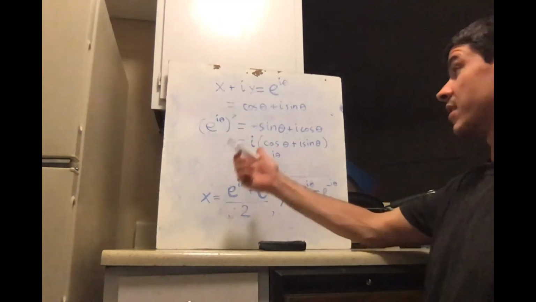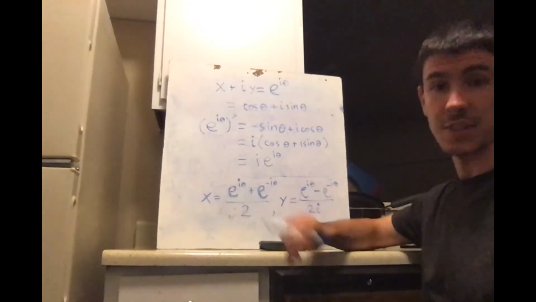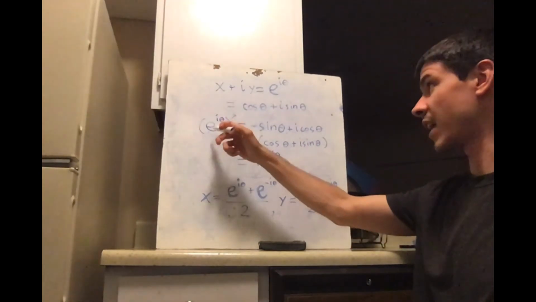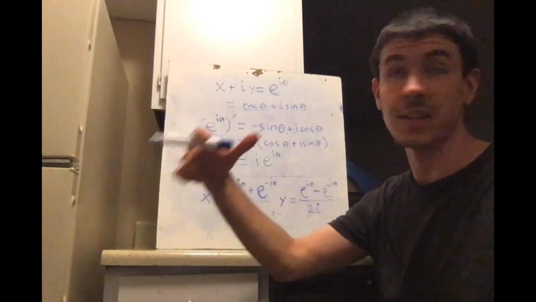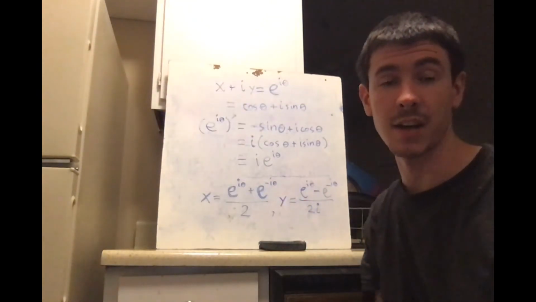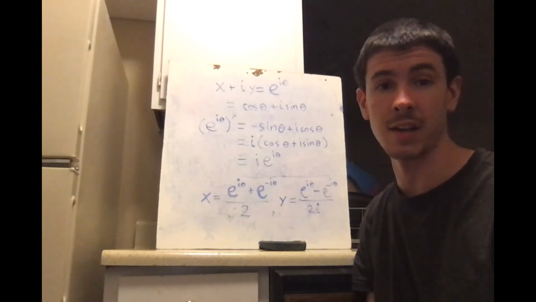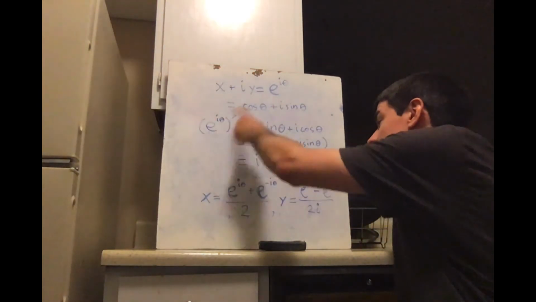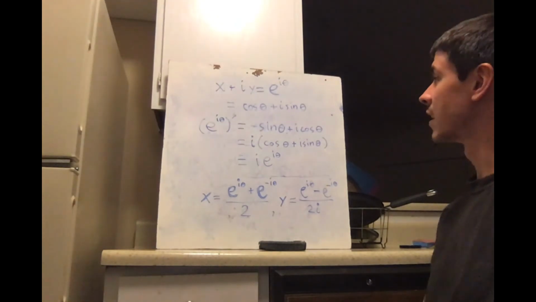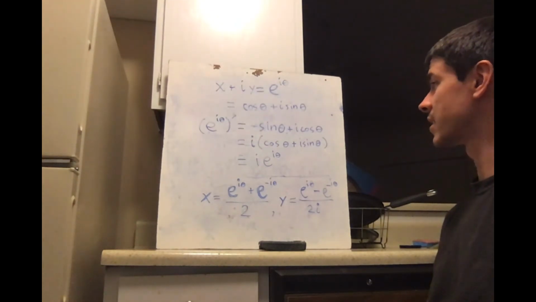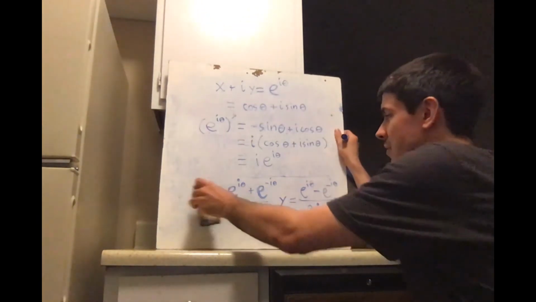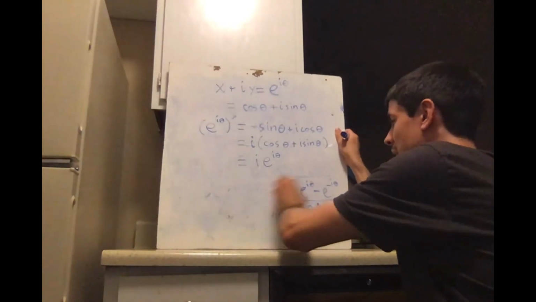So of course, the chain rule is at work here. If we put any other constant, e to the a theta, e to the b theta, the derivative would be b e to the b theta, or a e to the a theta, and i works exactly the same way. So that might convince you about why this is a reasonable way of thinking about e to the i theta.